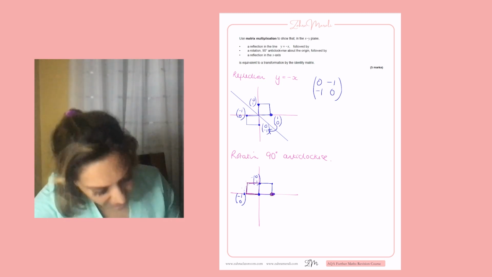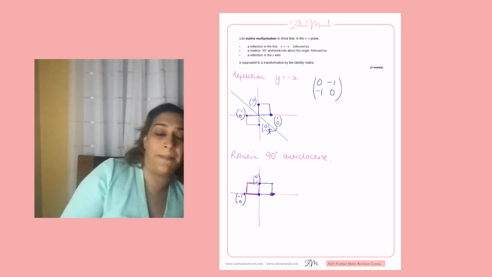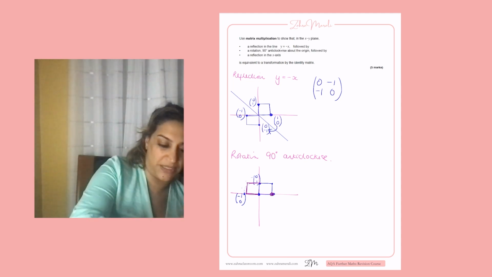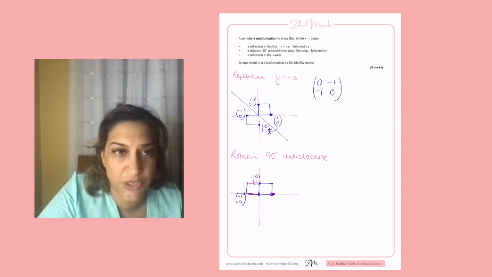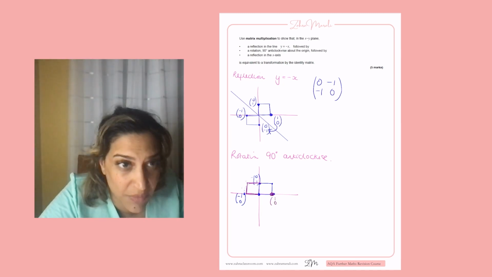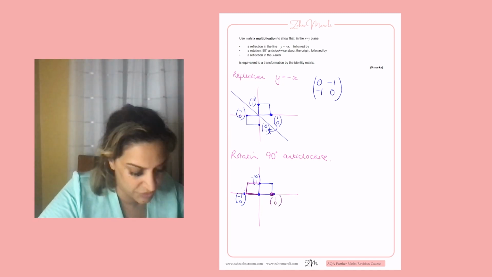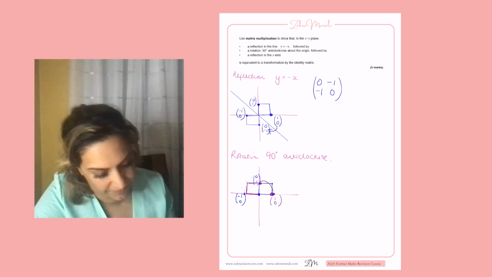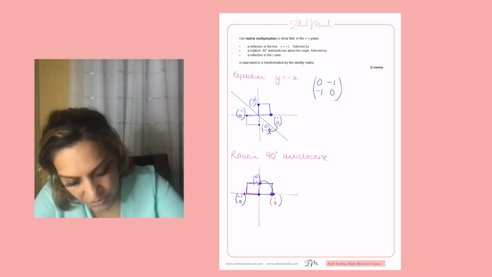This point here is the other point I want to think about. What happens to that when I rotate it about the origin? Now this point over here, which is at the moment 1, 0, when I rotate that, it actually comes up to this point here. And those are the points that you're concerned with.